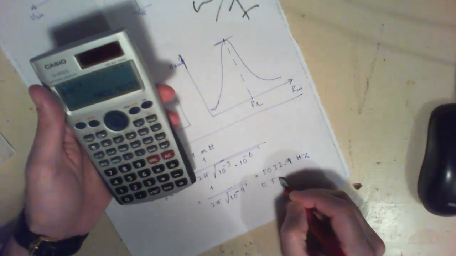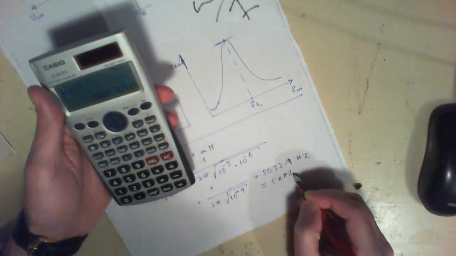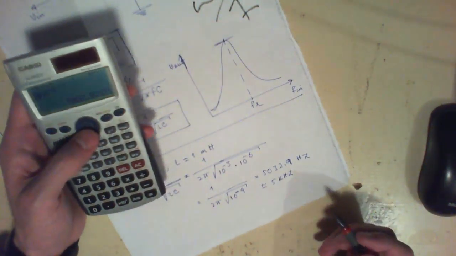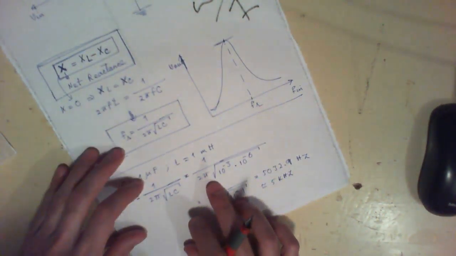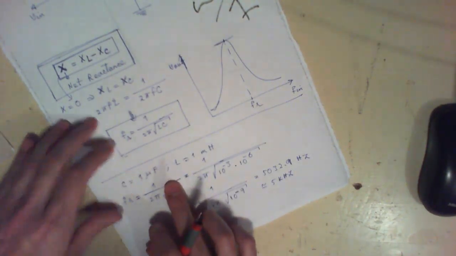So approximately 5 kilohertz. That's the resonant frequency, for example, for this circuit.